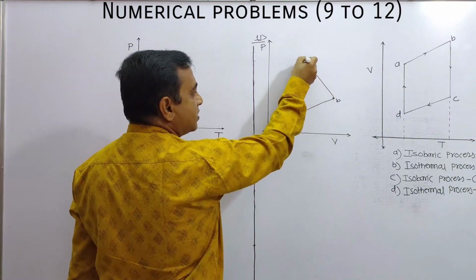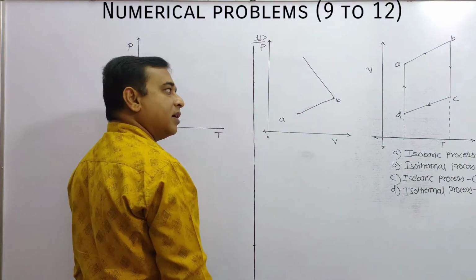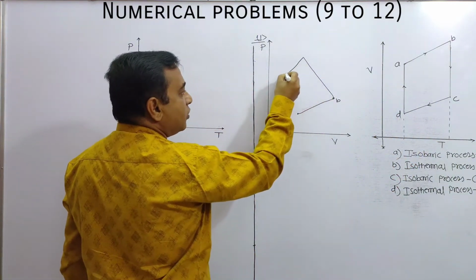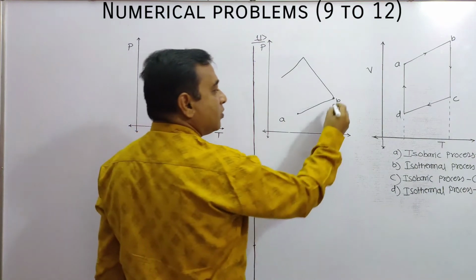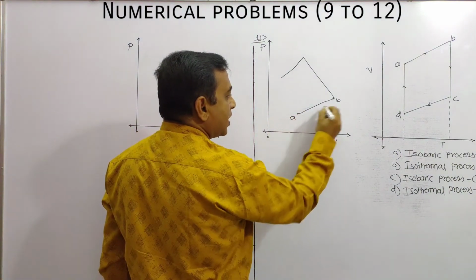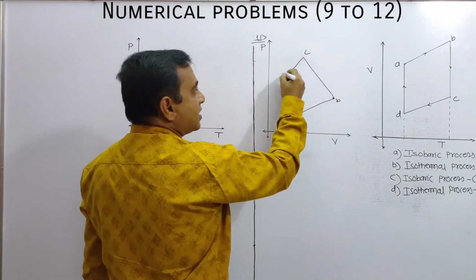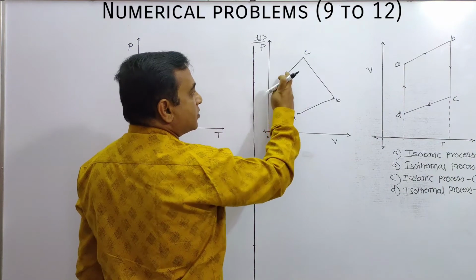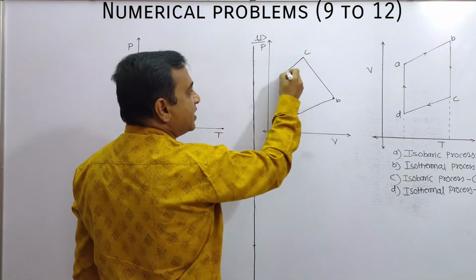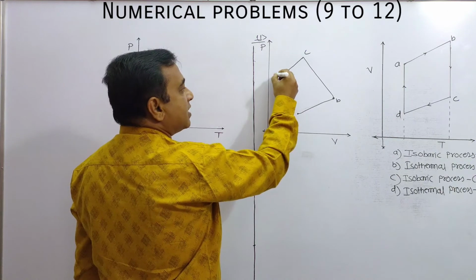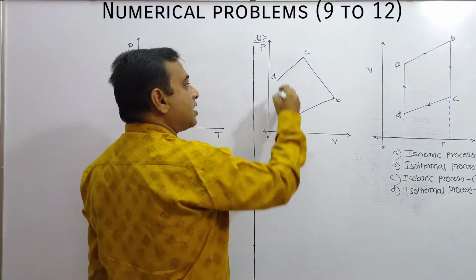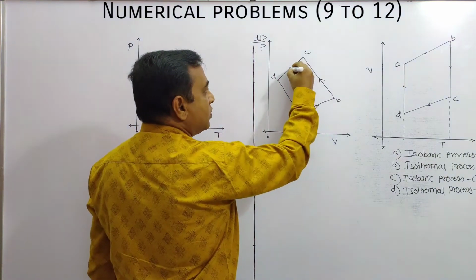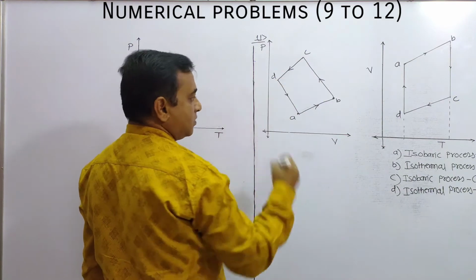See what happened: C to D, a slight decrease in the volume, not too steep. That is A to B, then B to C, then C to D. Now there is a certain fall, and it is a cyclic process, so we show the arrows like this.